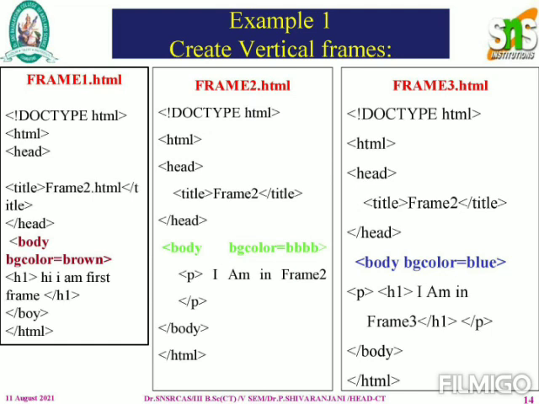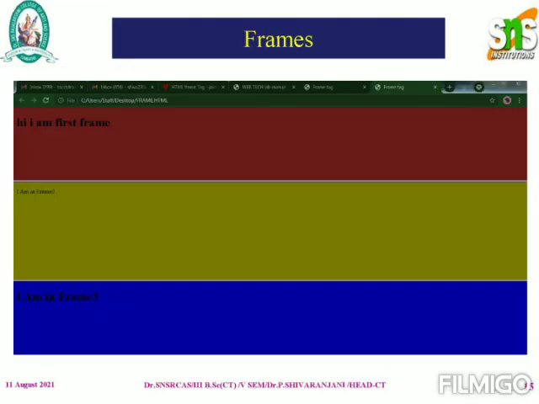I have given a paragraph as I'm in frame 2. In the third frame, I have given the background color as blue, and I have given the paragraph as well as heading as I'm in frame 3. When you execute the particular program, you'll have a horizontal frameset like this.